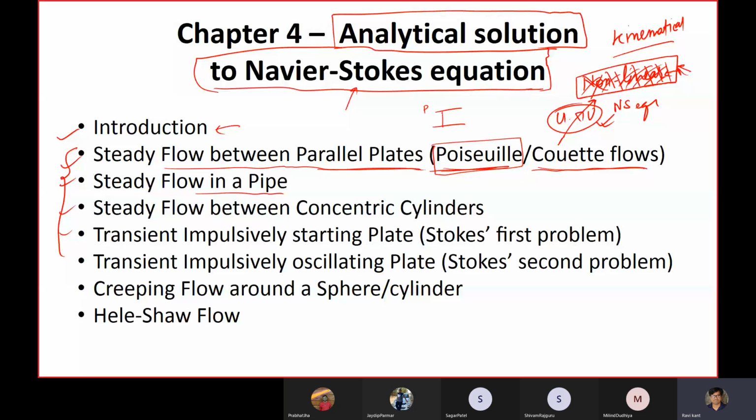Couette flow is similar to Poiseuille flow in two parallel plates. Without applying any pressure gradient, you start moving one of the plates, which you have to assume are infinite, with a certain velocity.